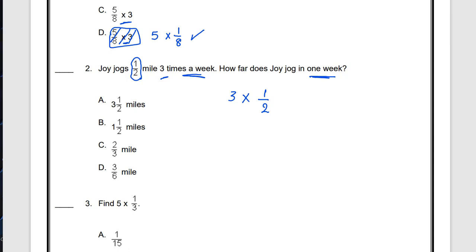Okay. Go ahead, Maitham. Yes, Mr. Go ahead. 3 multiplying 1 equals 3, and the denominator is 2. So 3/2. Yeah. This is an improper fraction.